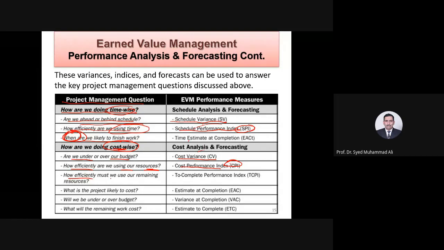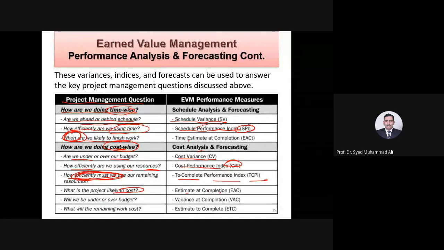How efficiently must we use? So now guidance is being sought. What should we do? So you will use the to-complete performance index, TCPI. What is the project likely to cost? What is the expected cost? So estimate at completion.